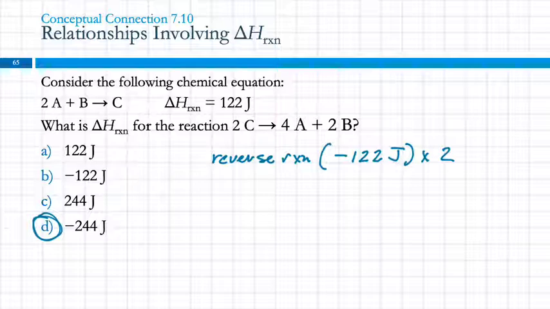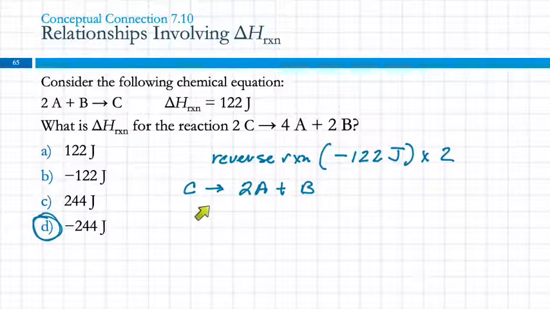Yes, I multiplied the delta H by 2 because this chemical reaction was this one multiplied by 2. So the first thing we observed is that the reaction was backwards. Reversing the reaction would be C going to 2A plus B. And that made me change the sign because it's buying versus selling, switching direction.